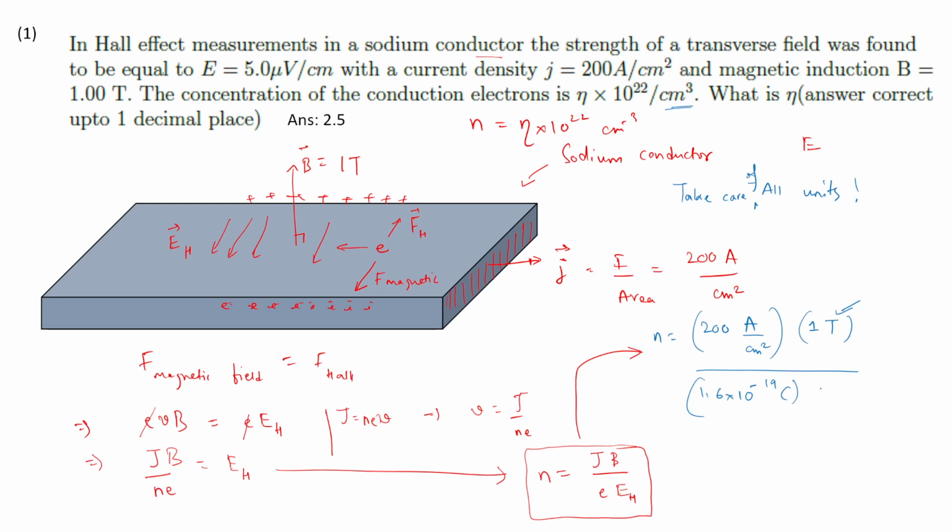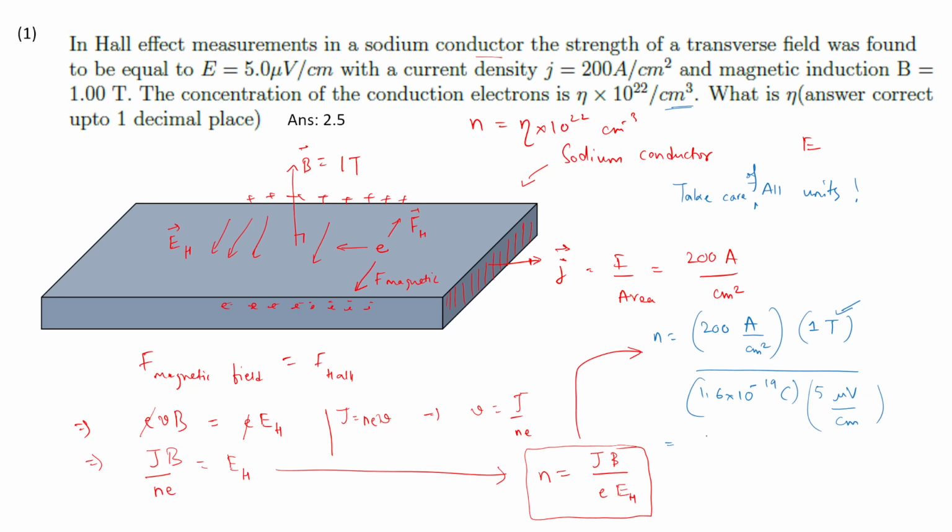E_H is 5 microvolt per centimeter. Microvolt and centimeter are not SI units, so we have to convert everything into meter.